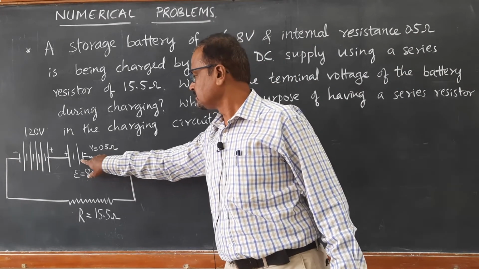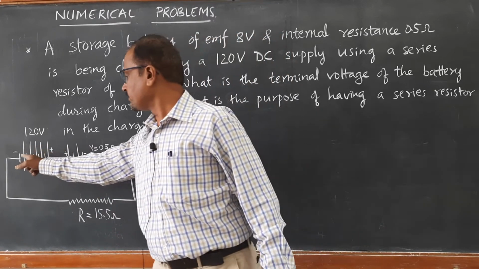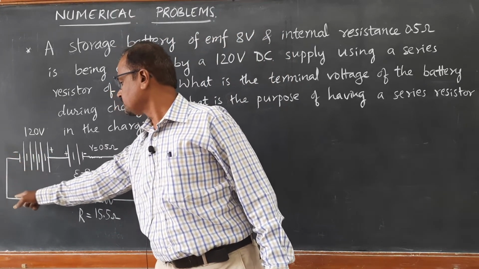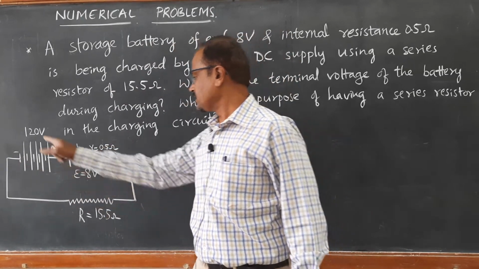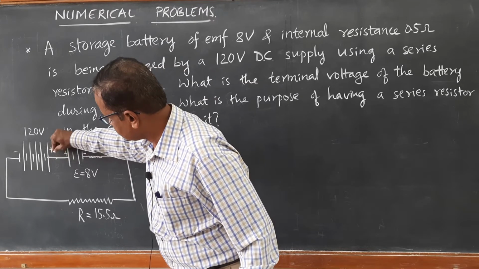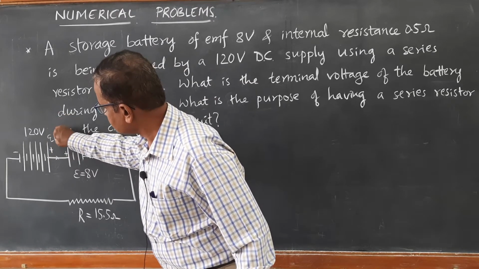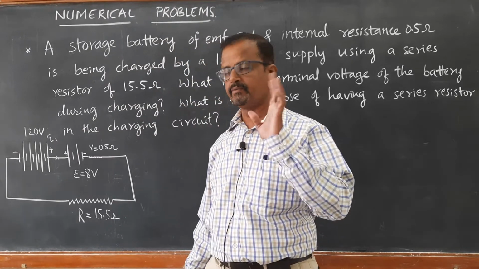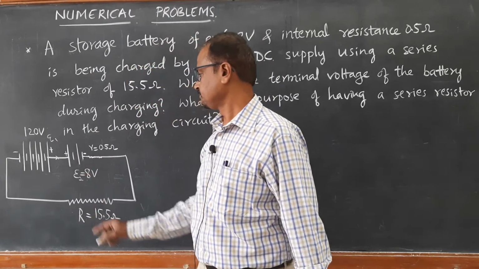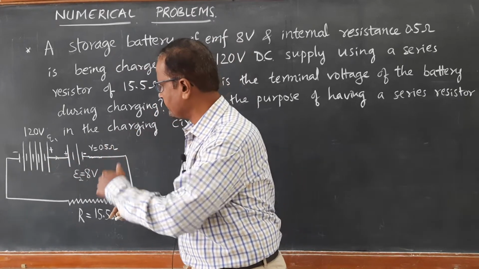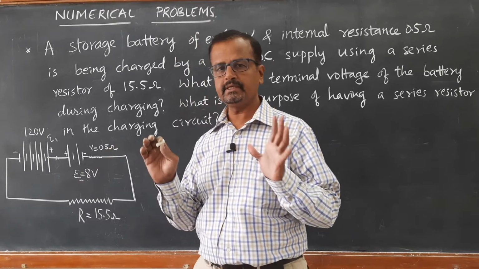See here, this is negative terminal, this is positive terminal, and the negative terminal of the charging supply is connected to the negative terminal, so that the current is delivered from this battery of EMF E1 into the battery of EMF E2. The current is supplied into the battery of EMF E2 which needs to be charged.